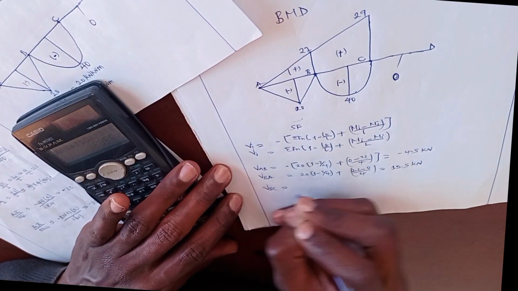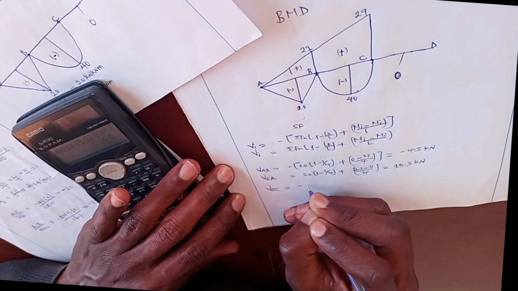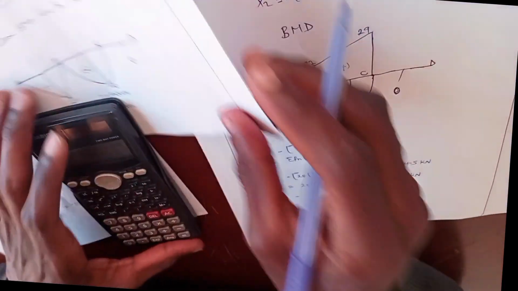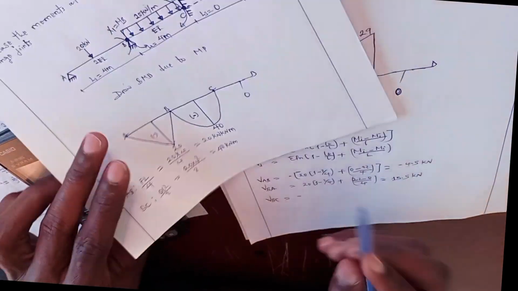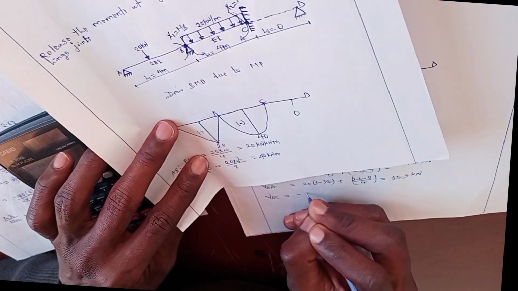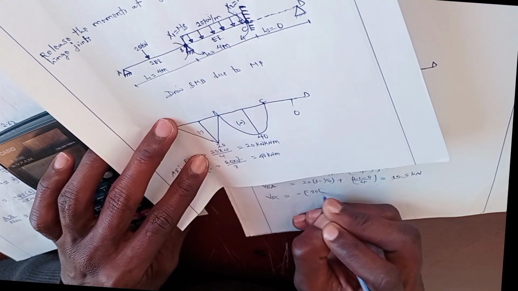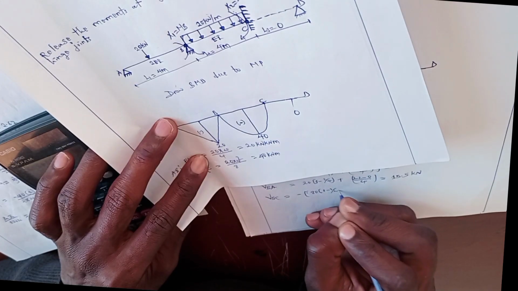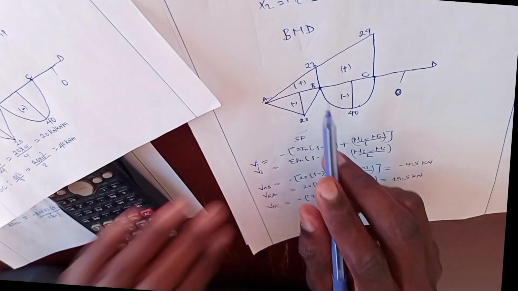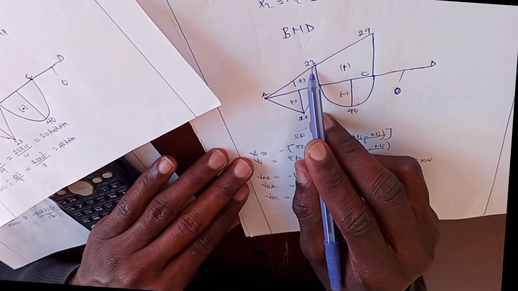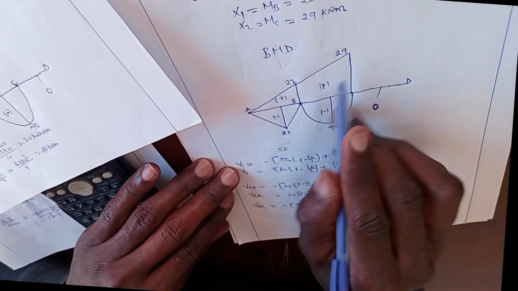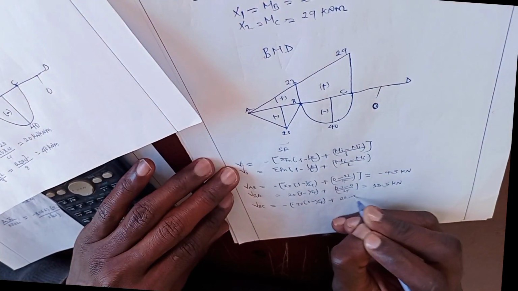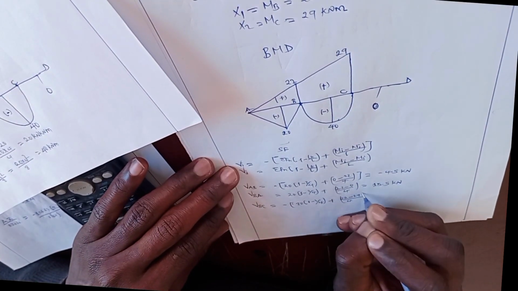Now for member VBC, it will be equal to negative summation Fn. Fn for this case, point load, is 20 times 4. It will be equal to negative 80 times 1 minus 2 over 4, plus Mi, for member B, Mi is 22, minus Mj. Mj is this one, which is equal to 29, over 4.